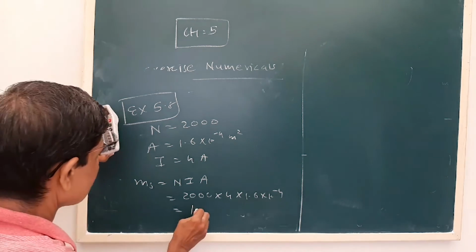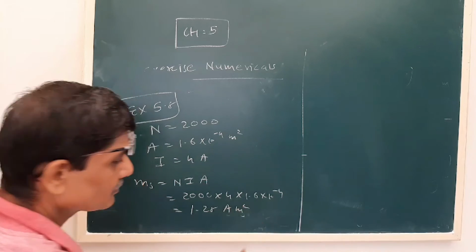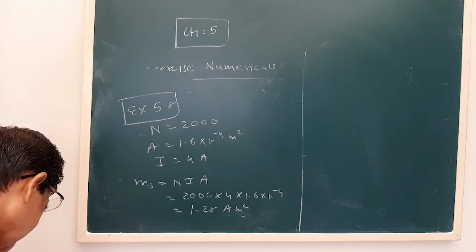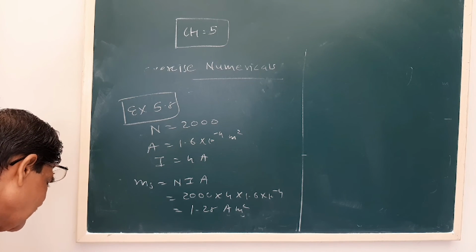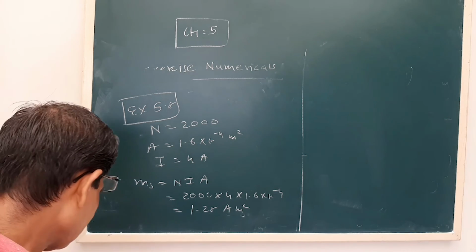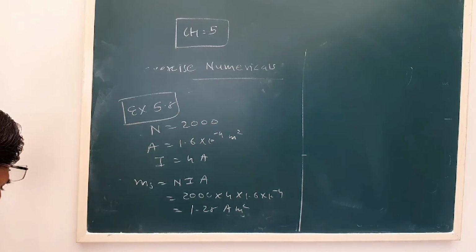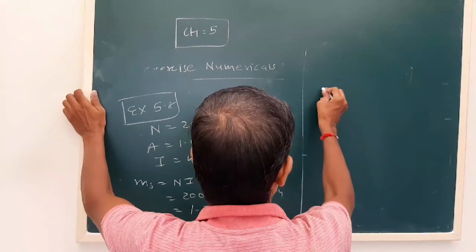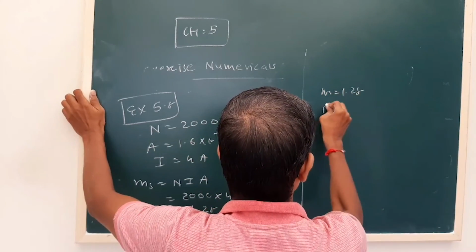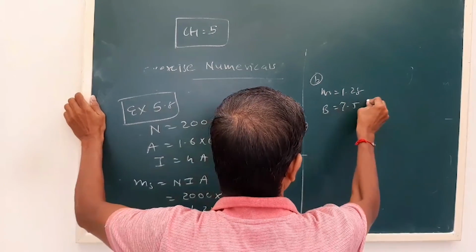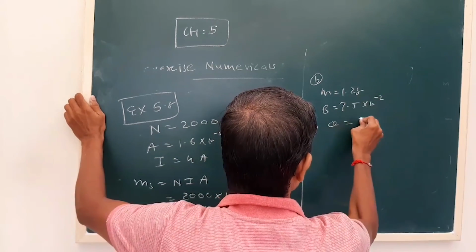That is 1.28 ampere meter square. Now the second part: what is the force and the torque if a horizontal magnetic field of 7.5 into 10 to the minus 2 is set up at an angle of 30 degree? Here m is 1.28, that is part B, B is 7.5 into 10 to the minus 2, theta is 30 degree.